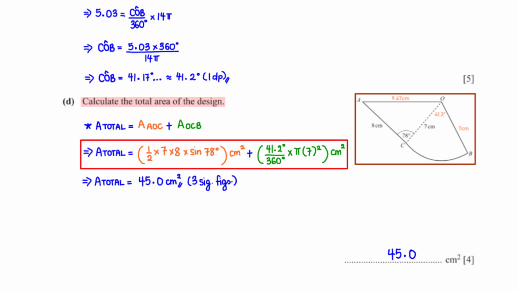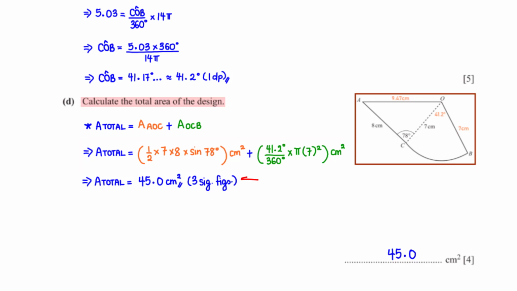The area of sector OCB can be found using the formula theta over 360 degrees times pi r squared, where theta is 41.2 degrees and r is 7 centimeters. When we type this into the calculator, we get 45.0 centimeters squared, rounded to 3 significant figures.